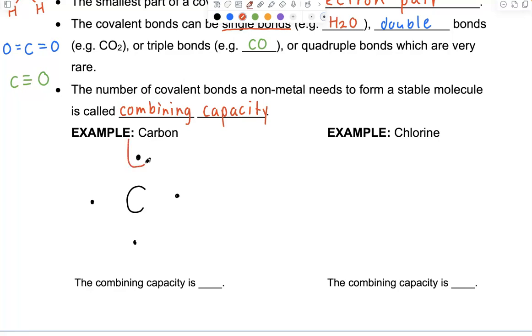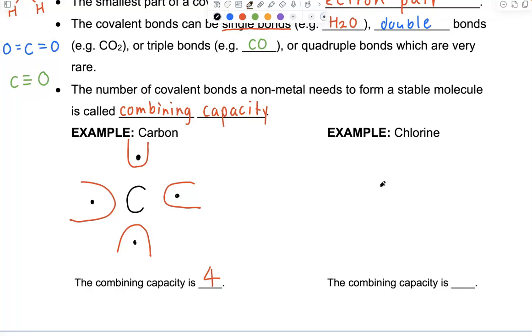So this has the capacity to bond with something else, as well as this, as well as this, as well as this. So in this case, our combining capacity for carbon is going to be 4.